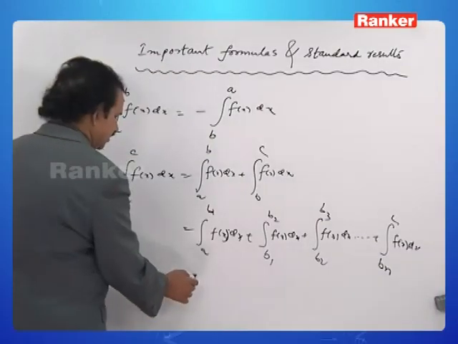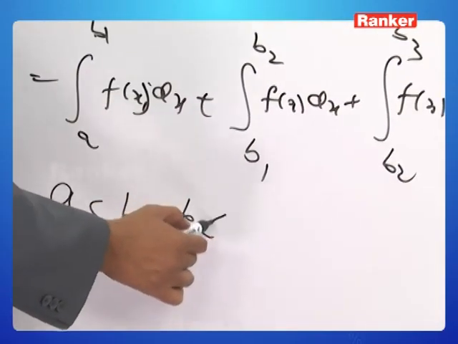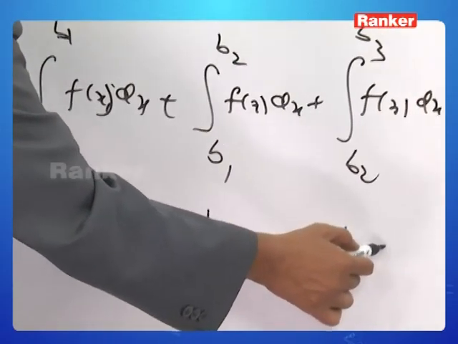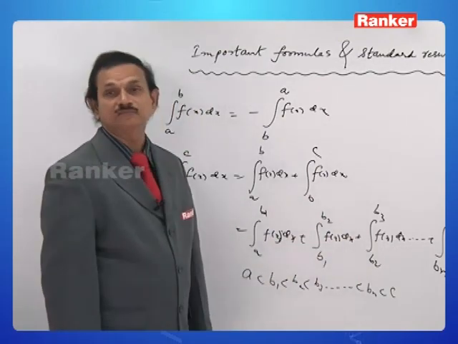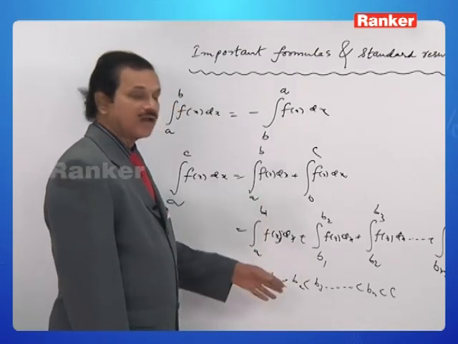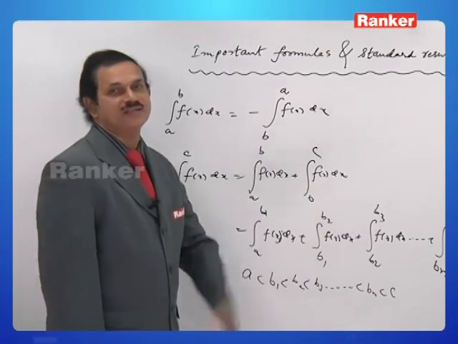Of course, this condition must be satisfied: a less than b1 less than b2 less than b3 less than etc. less than bn less than c. At these places we can take rest. What I mean to say is, up to b1 integral, up to b2, up to b3, like that, stepwise integration.